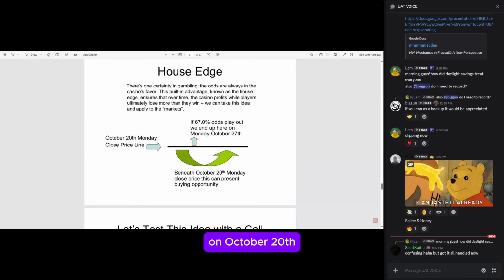That means on October 20th again, if we mark our close price and we dip below, 67% of the time, on the next Monday, the 27th, statistically we've been above that line. That means during this week, from Monday the 20th to that Friday, is a buying opportunity.